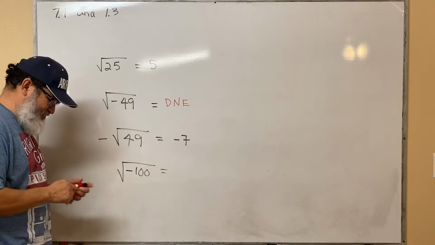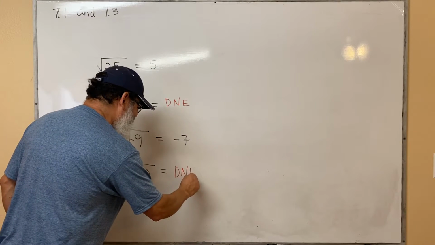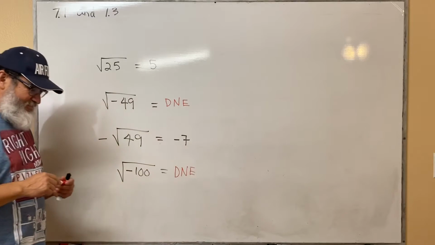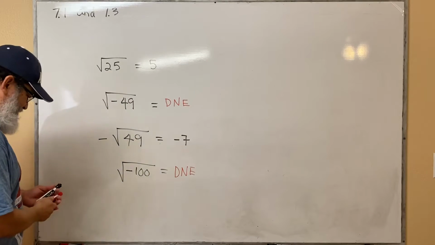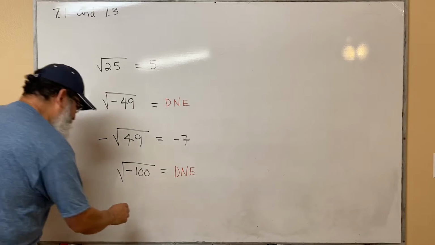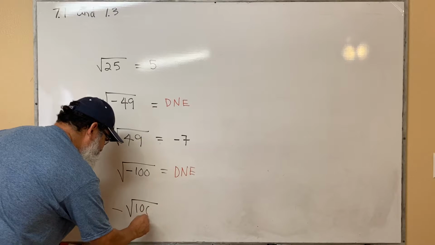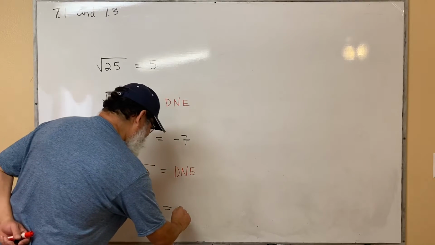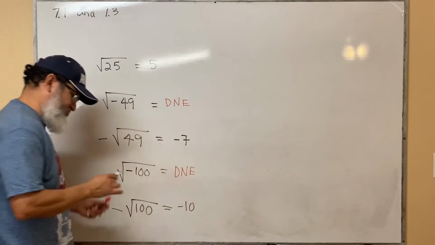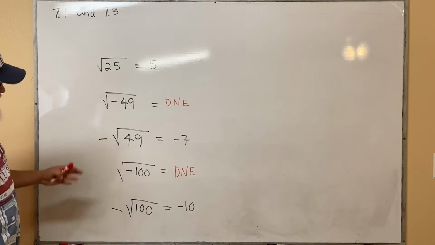Tell me. Does not exist, because the negative is inside. What about the negative square root of 100? What is it? -10. Okay, that one does exist. That was the square root.